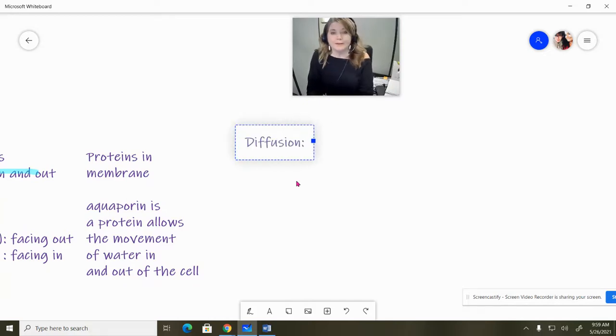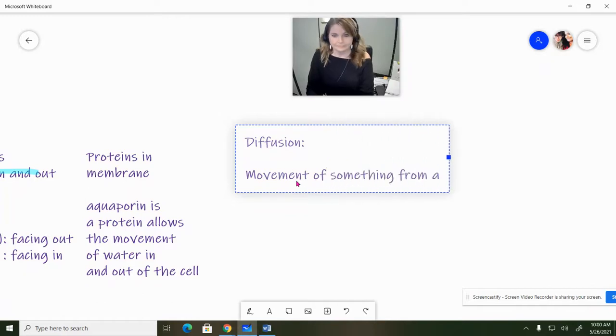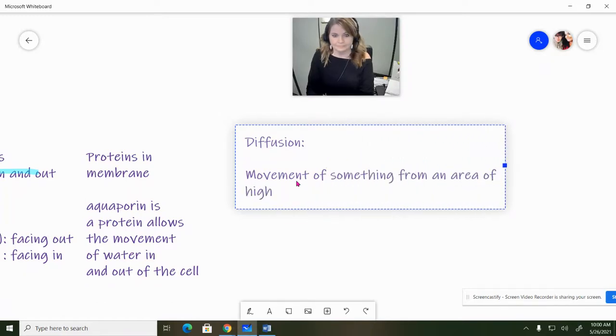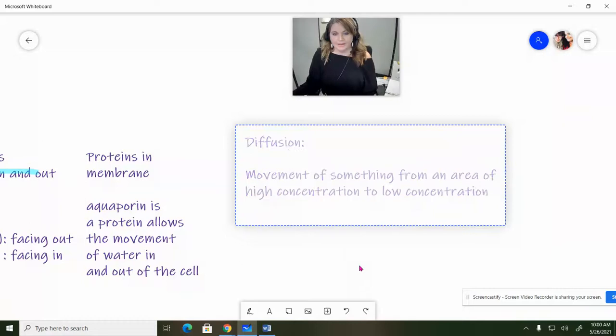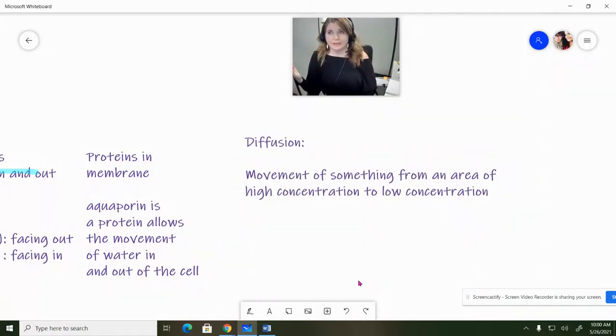Diffusion is movement of something from an area of high concentration to low concentration. So in a cell, we are looking at particles or atoms and molecules that are highly concentrated on one side and have a lower concentration on the other side.